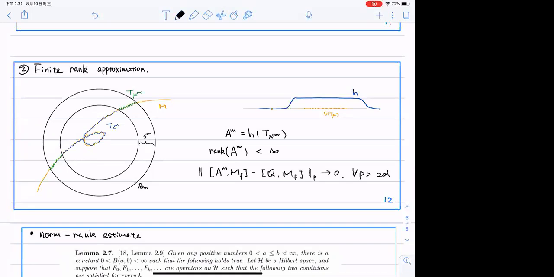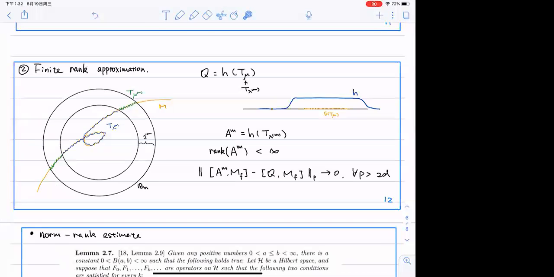We know that the projection is a smooth functional calculus of the T-mu operators. So we look for a finite rank approximation for this T-mu operator, which I call T lambda mu.